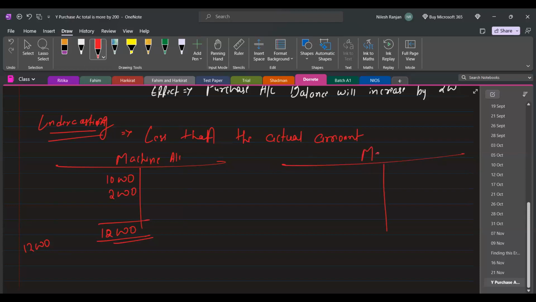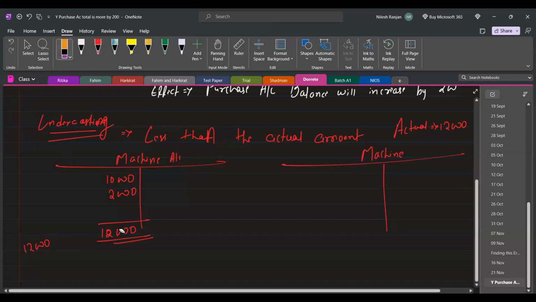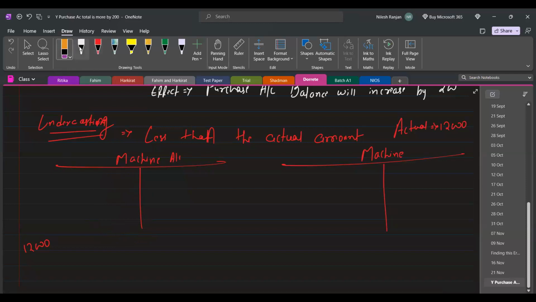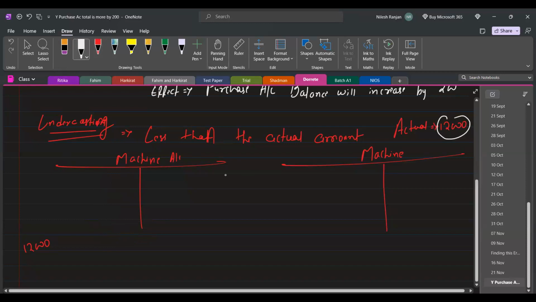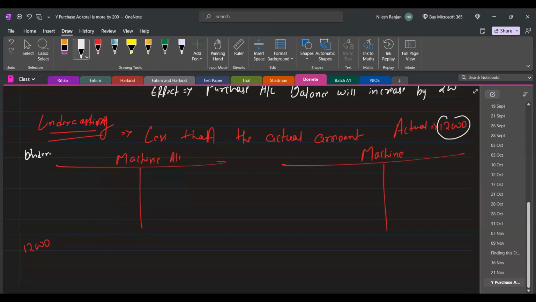So, let's say the machine account. The actual total of the machine account should be 12,000. What we have written here is either undercasting or overcasting.